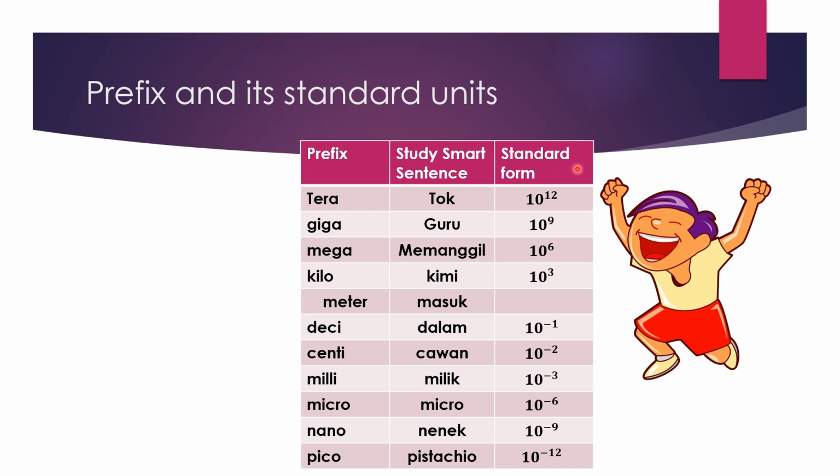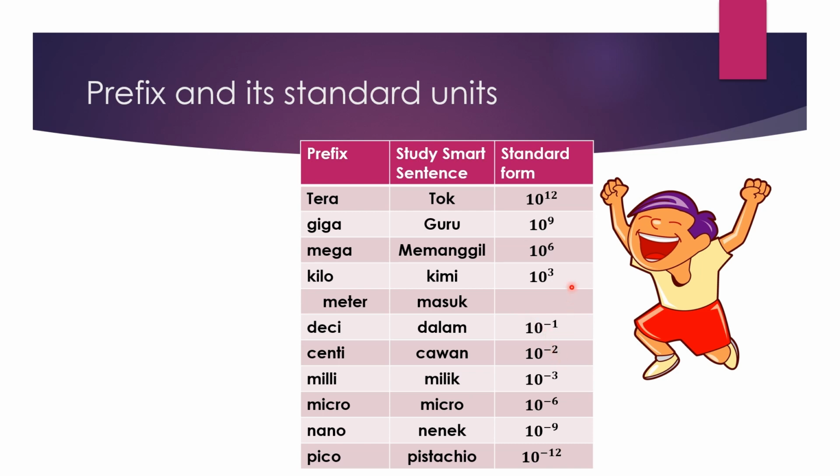The prefix order is made in such a way that you can easily figure out their standard form. First of all, understand that meter is the center of the prefixes. It has no standard form. All the prefixes above meter have a positive value while those below meter have a negative value.